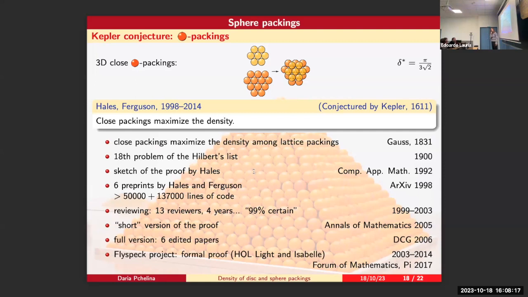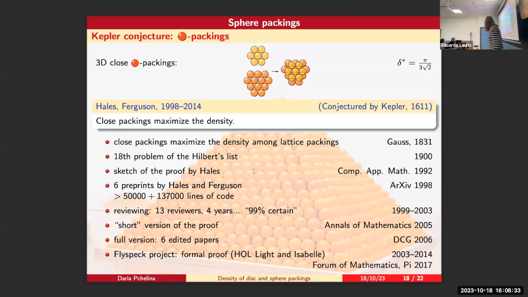So why do I talk about it? Just to say that in 3D, for only one size of sphere, the proof is really hard. For disks in 2D, it was not that hard anyway.